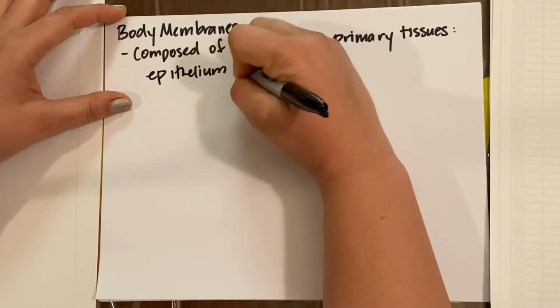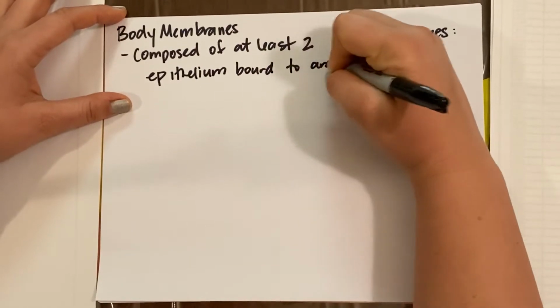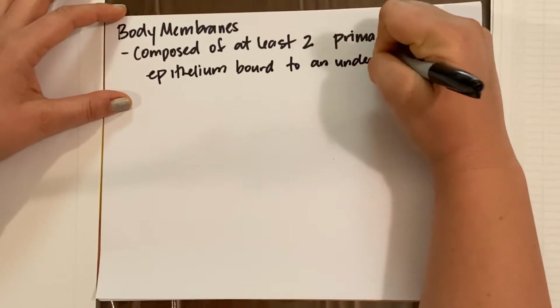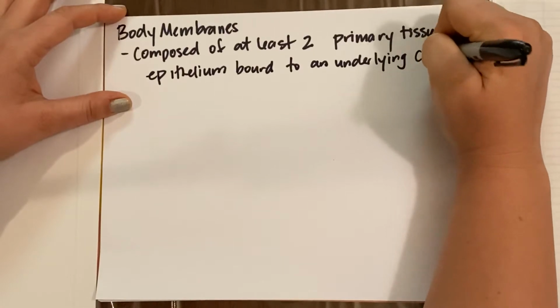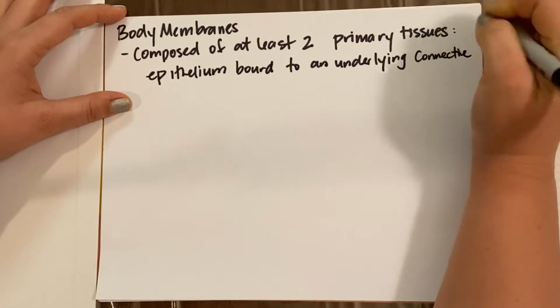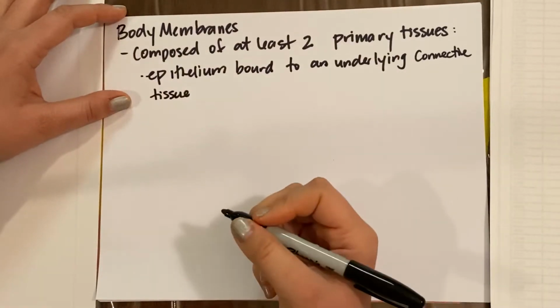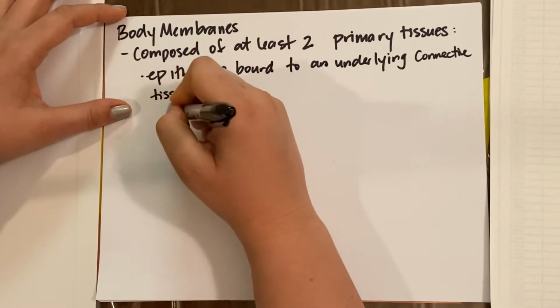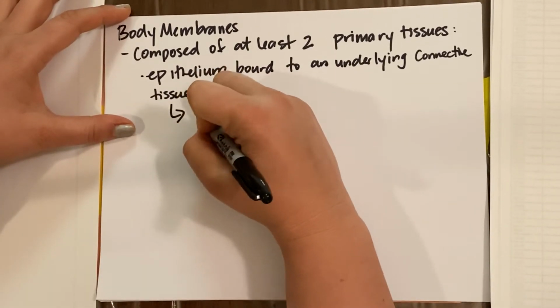And the epithelium is actually going to be bound to an underlying connective tissue. Okay, because they are made out of two tissue types, we consider these simple organs.